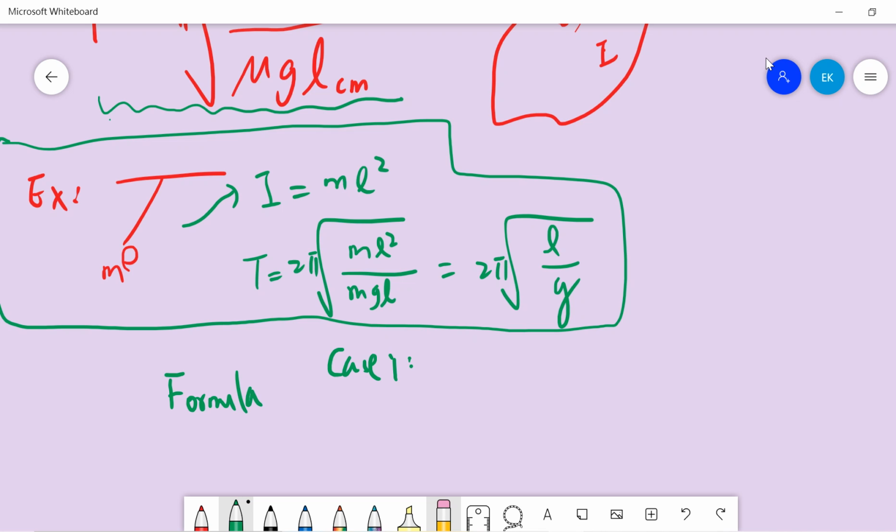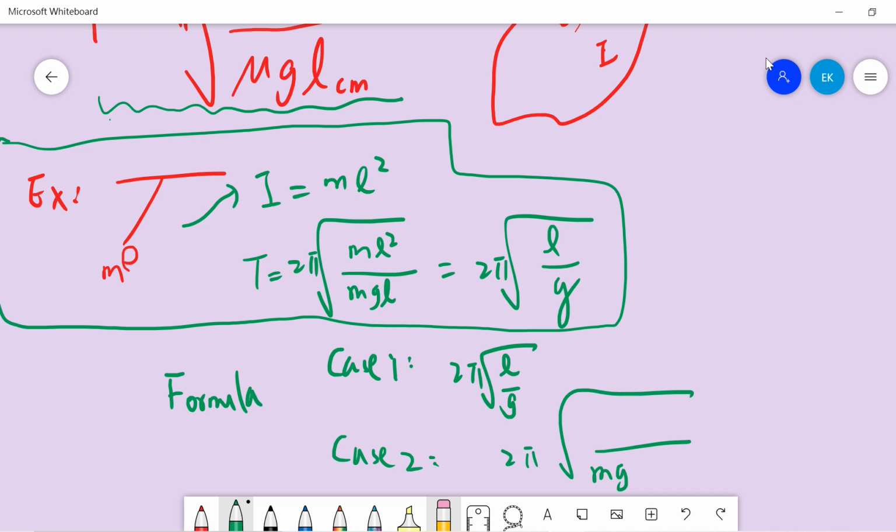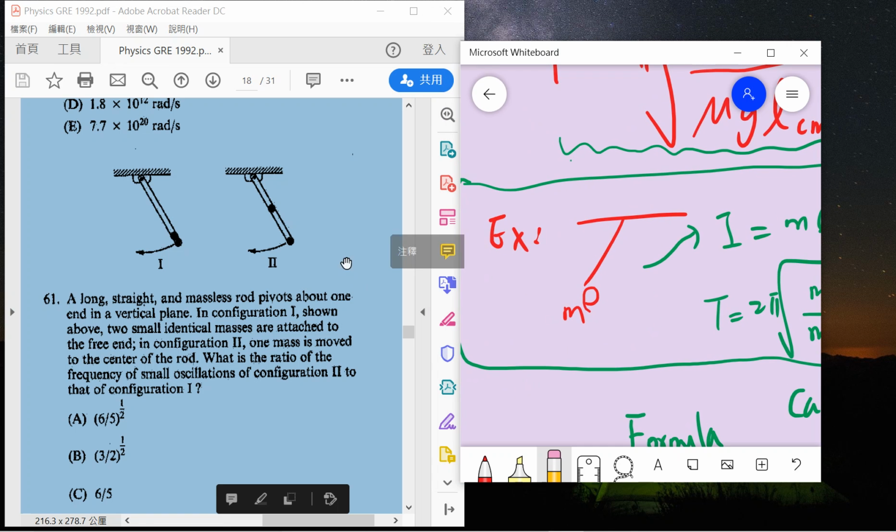So case 1. Case 1 is basically the same as the pendulum, because the pendulum result does not depend on mass. So case 1 is just the pendulum. Then case 2. You have mg, and remember that now one is mg L over 2, and one is mgL.